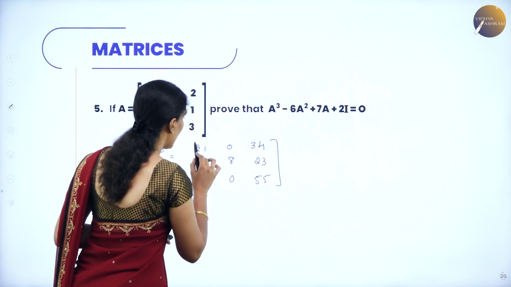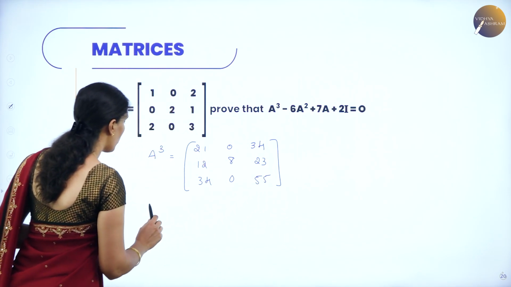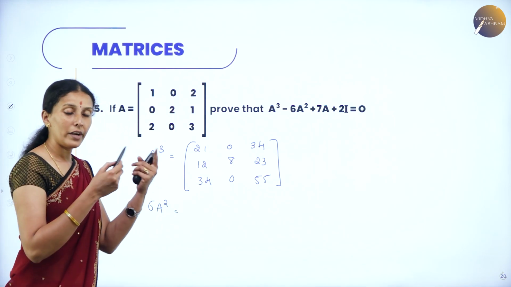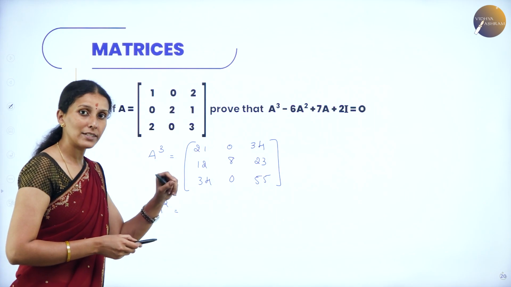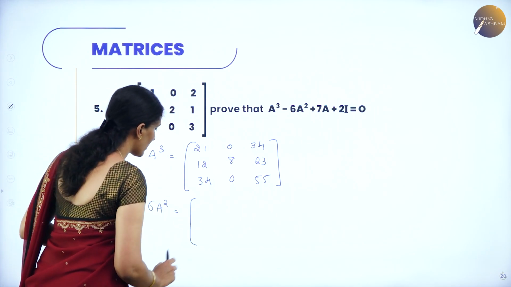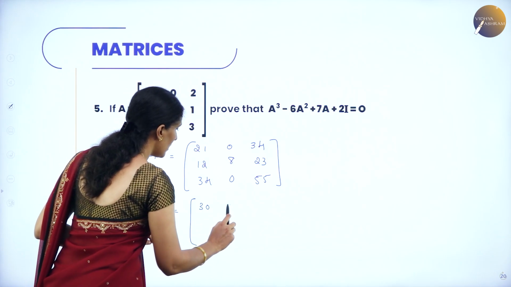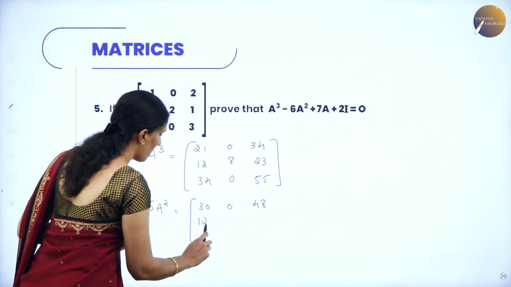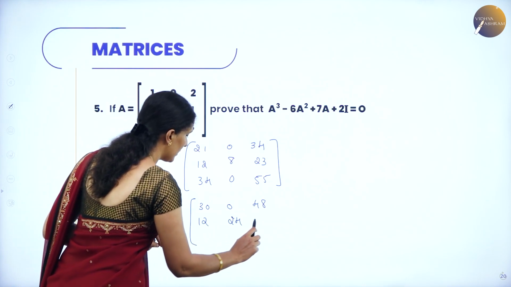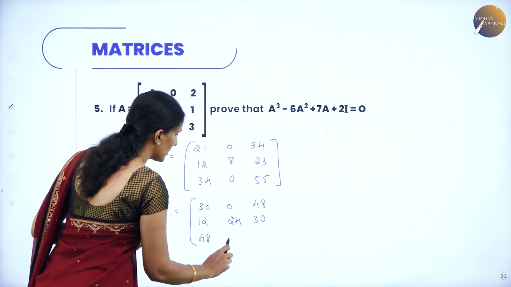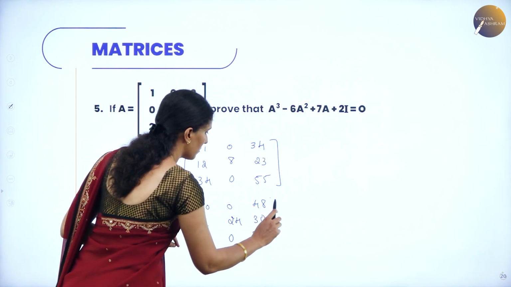So this is A cube. Next we need to find out 6A square. To find it, we already found A square, so just multiply by 6. When you multiply by 6, the new matrix will be 30, 0, 48. The second row is 12, 24 and 30, and the third row is 48, 0, 78.